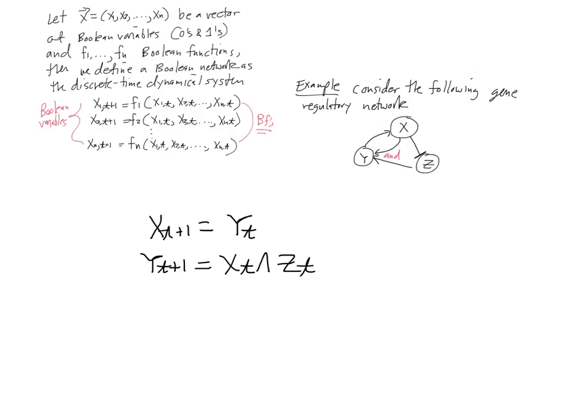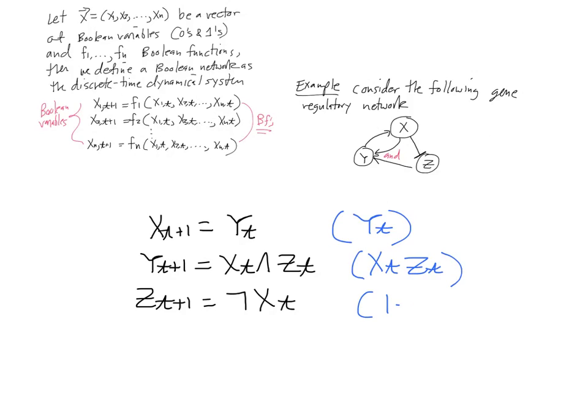And for Z to be on, we need just X to be off. If we were to code this into a computer, we would have Y of t, we would have X of t times Z of t, and then we'd have 1 minus X of t.